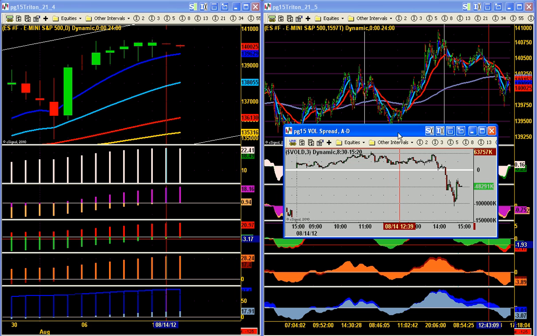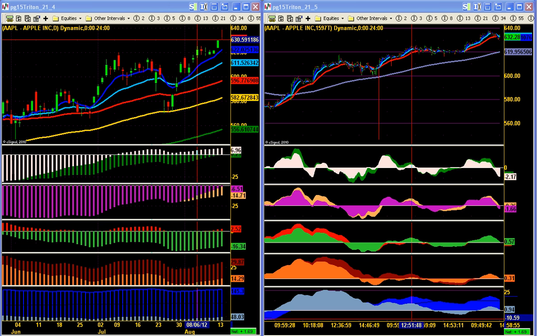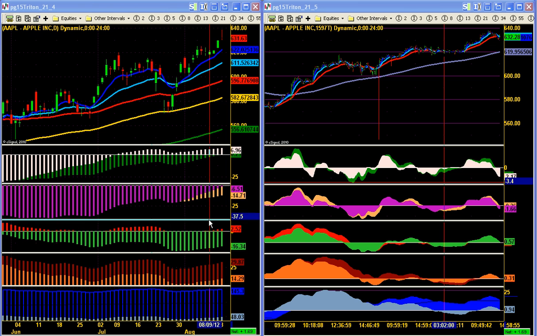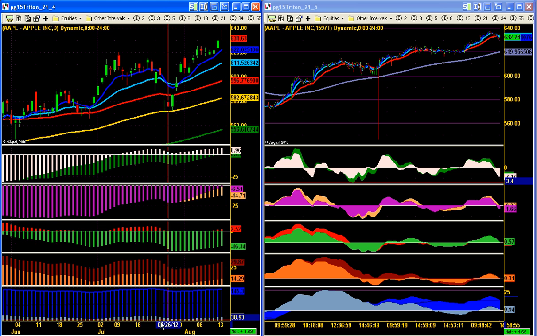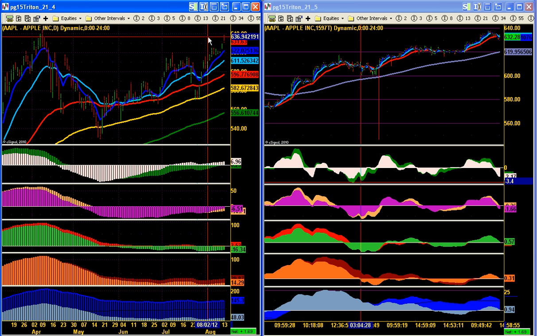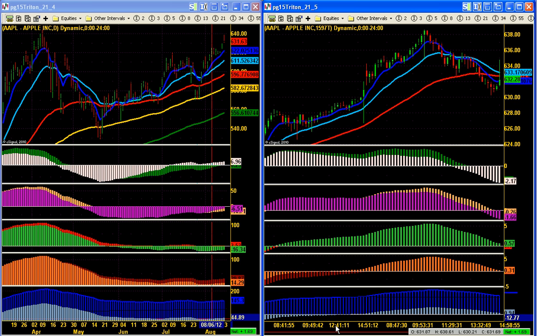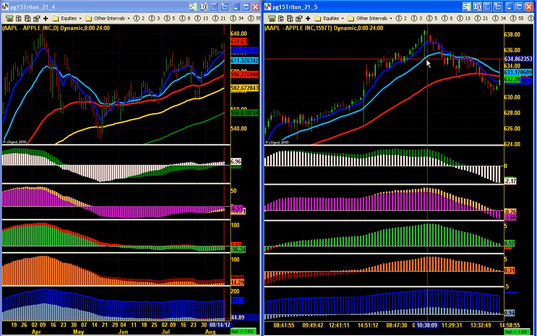And even, well, we'll take a look at Apple afterwards, but let's take a look at Apple, since we just mentioned it. Apple did a spike up to 639, and then when the market started falling apart, this is on the tick.